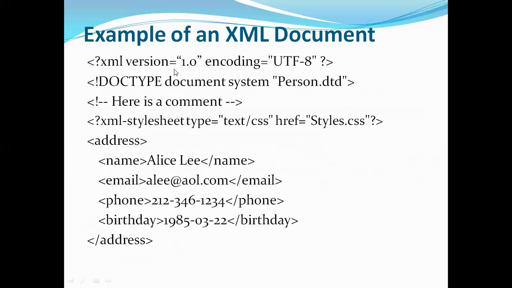XML version 1.0, then encoding UTF-8, is called the document or XML declaration. This declaration is optional, and if you specify it, it must be the first line in the XML document.